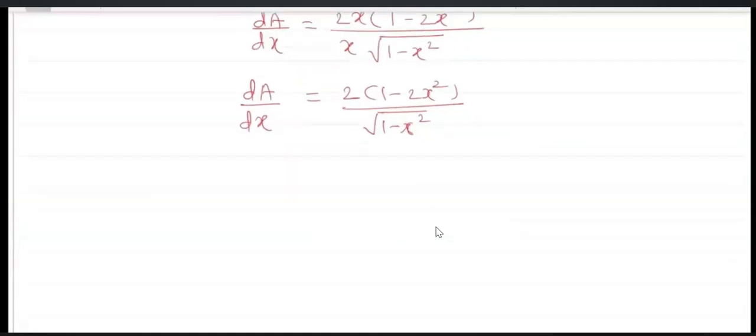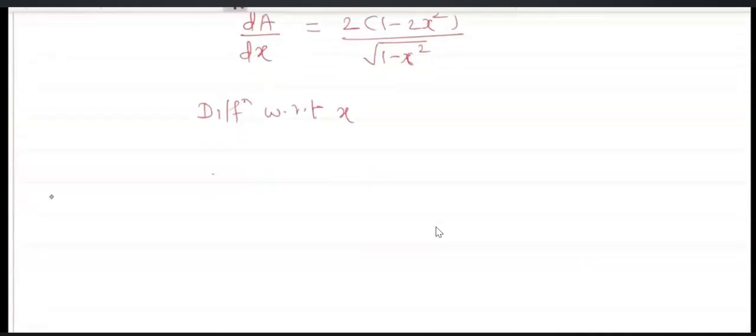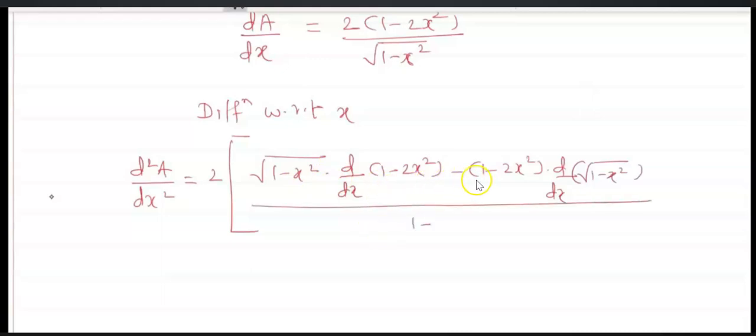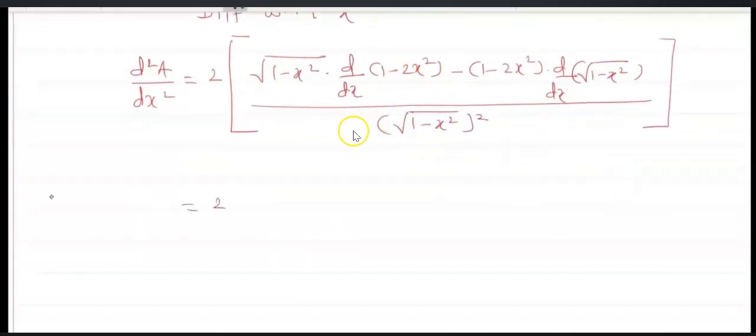Now we'll find its second derivative by using the quotient rule. d2A by dx square is equal to 2 times, this is v, that is root of 1 minus x square into d/dx of 1 minus 2x square minus (1 minus 2x square) into d/dx of root of 1 minus x square, upon v square, that is nothing but root of 1 minus x square whole square.